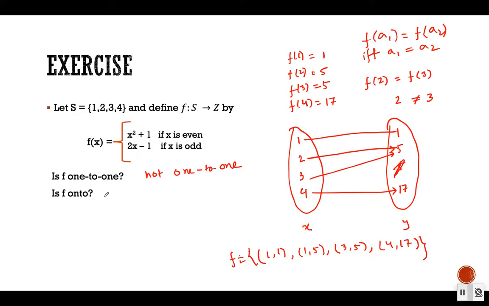Now the question is whether the function is an onto function. The function is onto if every value in our output has a solution from our input.